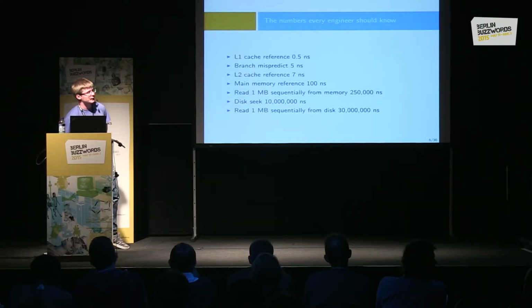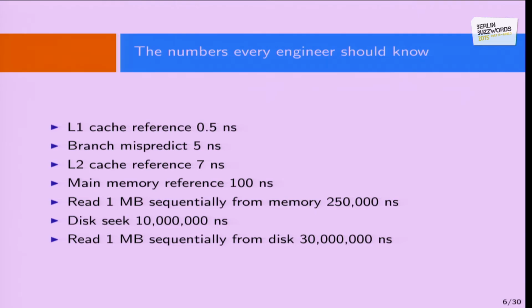On this picture, you can see how much it costs to read data from each level of cache. If our data fits into the L1 cache, we need about 5 nanoseconds to reach this data.